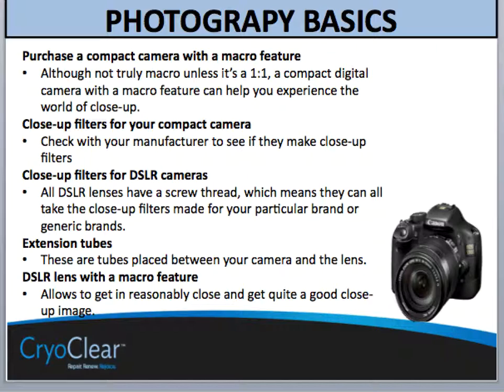Some will use extension tubes that are placed between your camera and the lens, fixing length and area to be photographed. And finally, all of the macro features we've discussed really become great records and tools, as we talked about before, with high resolution images of before and afters.